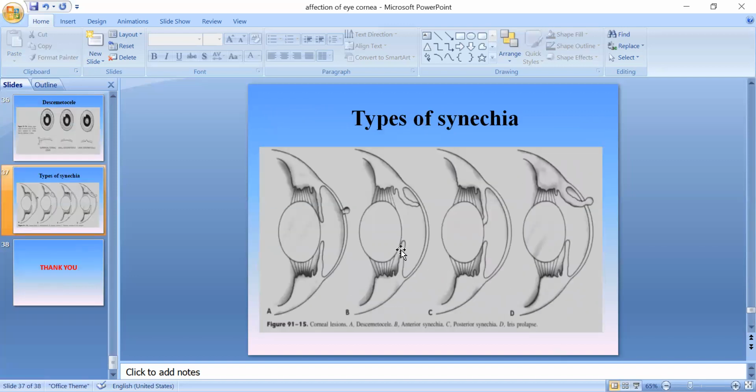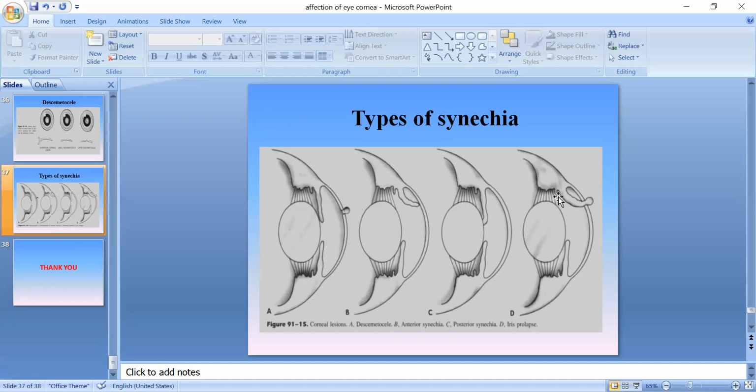Here is a clear-cut picture. Here you can see a corneal lesion, a descemetocele, and the iris adhered with the cornea, that is anterior synechia, and the iris attached with the lens, that is posterior synechia. Adhesion of iris with cornea is anterior synechia, and adhesion of iris with lens is posterior synechia, and lens prolapse.